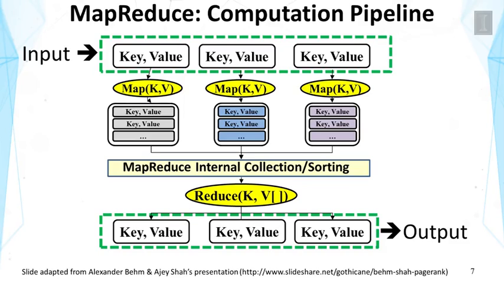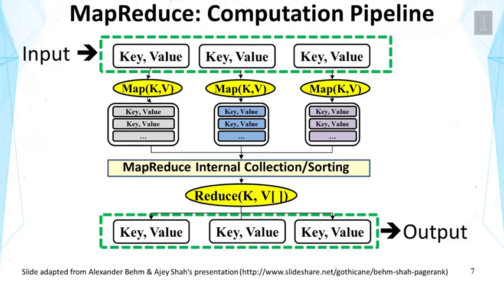Now the programmer only needs to write the map function and the reduce function. Everything else is actually taken care of by the MapReduce framework. So you can see the programmer really only needs to do minimum work. And with such a framework, the input data can be partitioned into multiple parts.